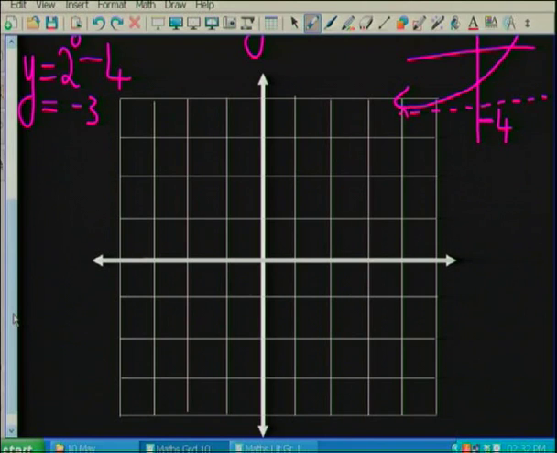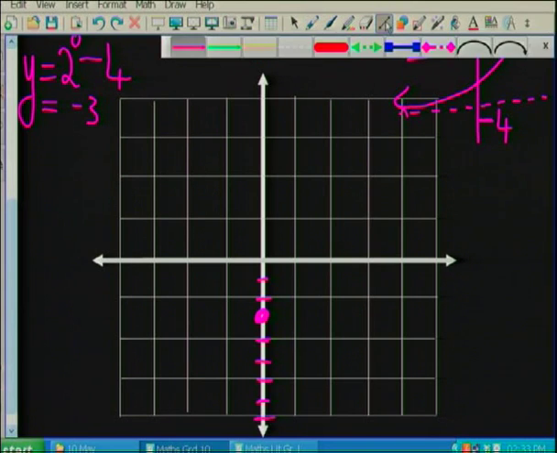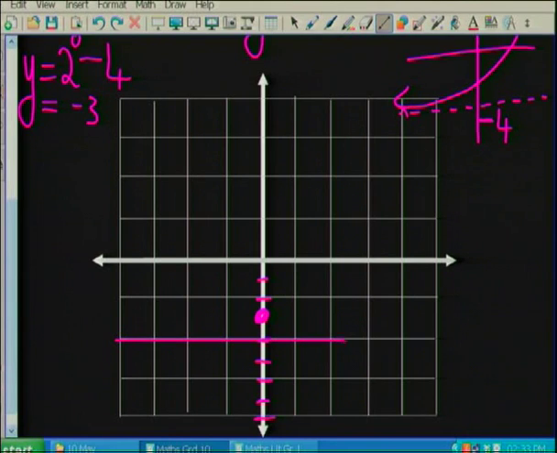I'm going to have to count slightly differently, so we're going to squash things in a little bit here. So at y is equal to minus 3, I have a y-intercept. Then at y is equal to minus 4, an asymptote. I'm doing a solid line just because you guys can't see the dotted line on here. There we go.